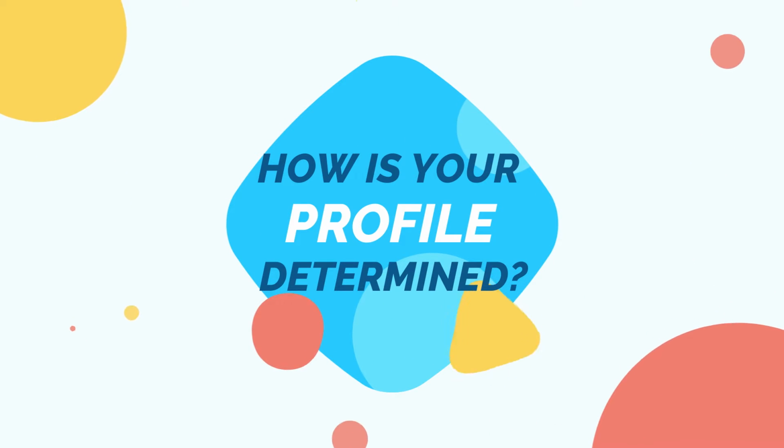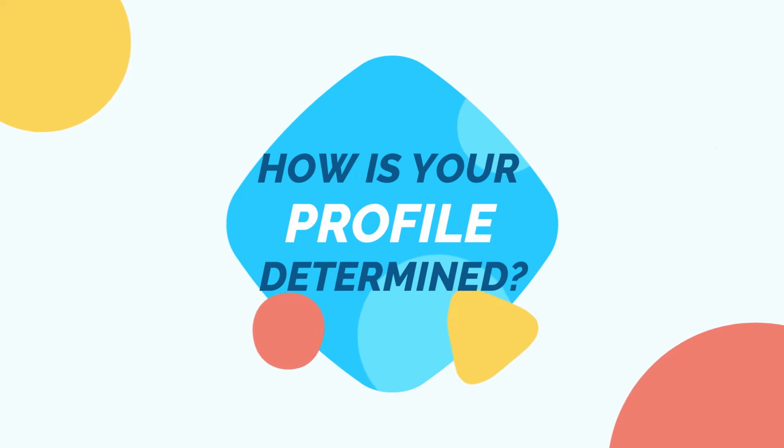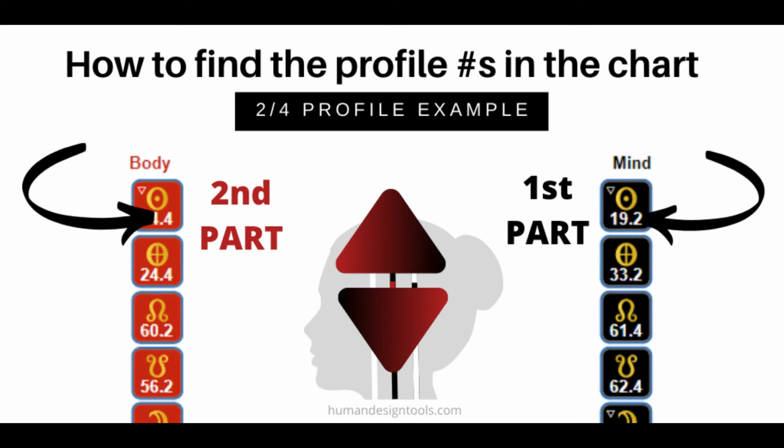Next, how is your profile determined? You probably heard me explain this before in lessons 102 and 103, as I mentioned earlier. Your profile is determined by the gate where your conscious personality sun and your unconscious design sun are found in your chart.